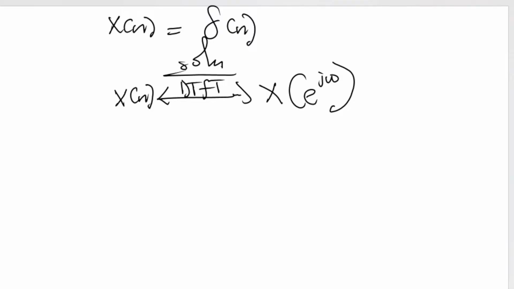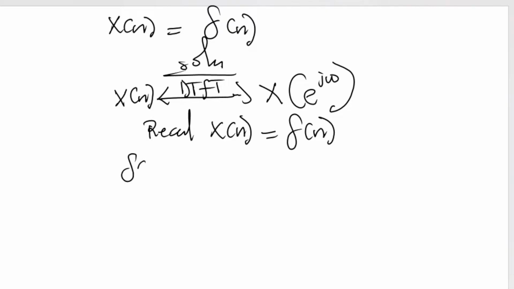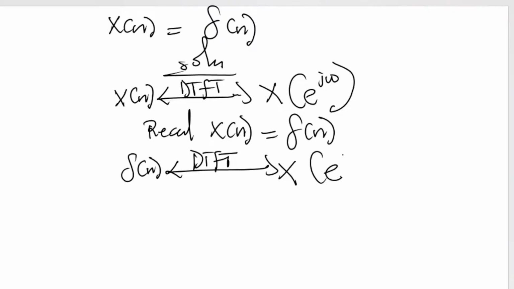Now recall that you were given that x of n will be equal to the impulse signal, which is this. So what we are simply doing is representing x of n with our impulse signal. So the new concept for your DTFT will simply be your impulse signal subjected to DTFT will simply yield a frequency domain, which is x exponential jw.